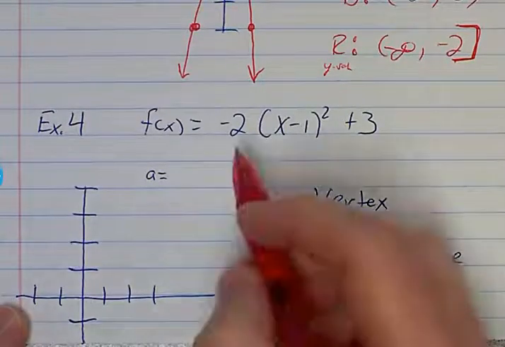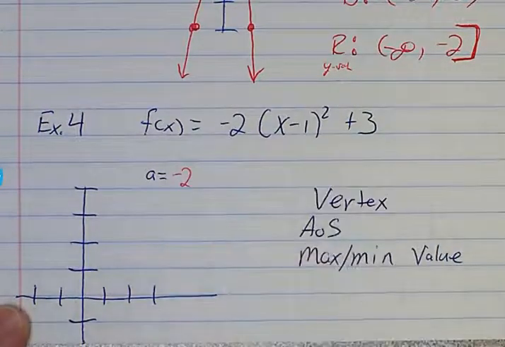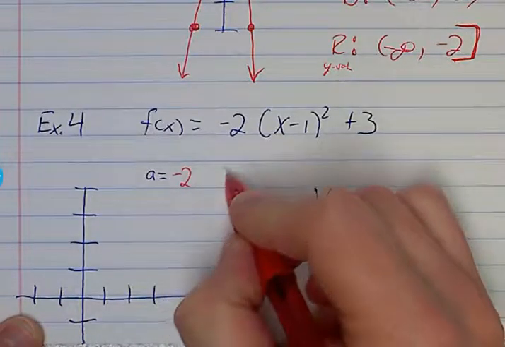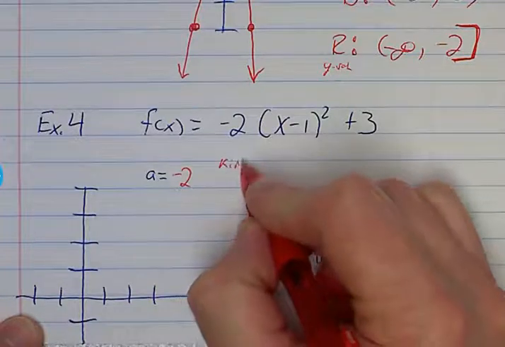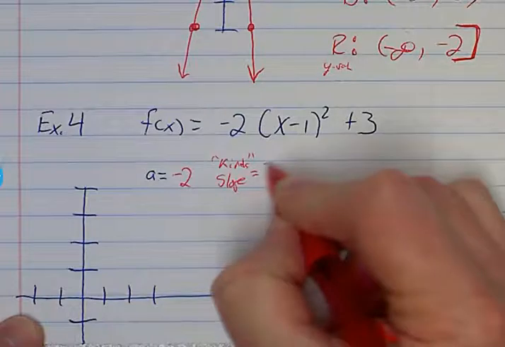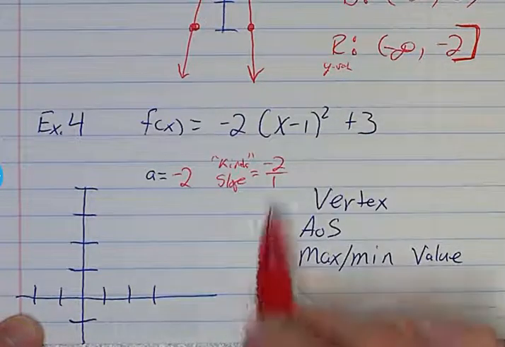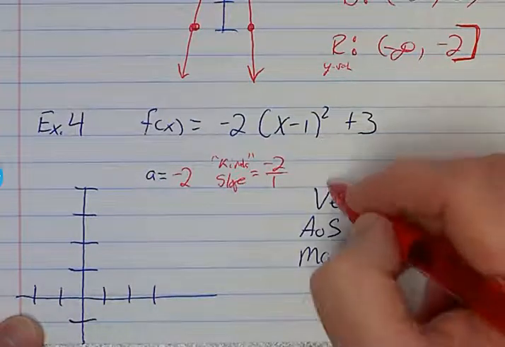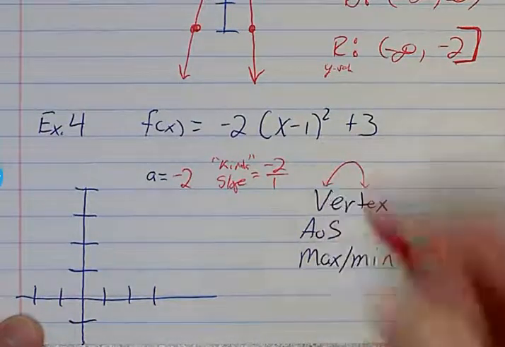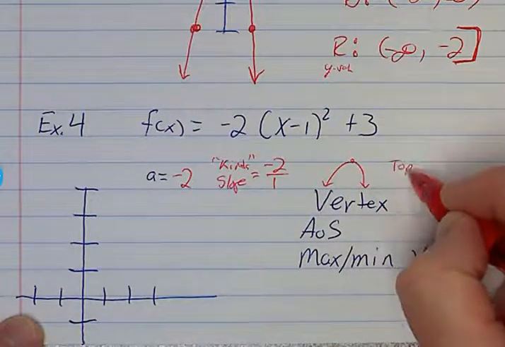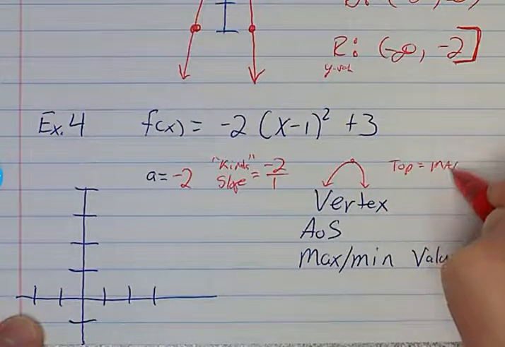So the a value is negative 2, which again, that's kind of our slope. So that's negative 2 over 1, which again, the biggest thing on this part is that it lets you know that if the value is negative, the graph has to go down. Vertex is at the top, which means if it's at the top, that means it's a maximum.